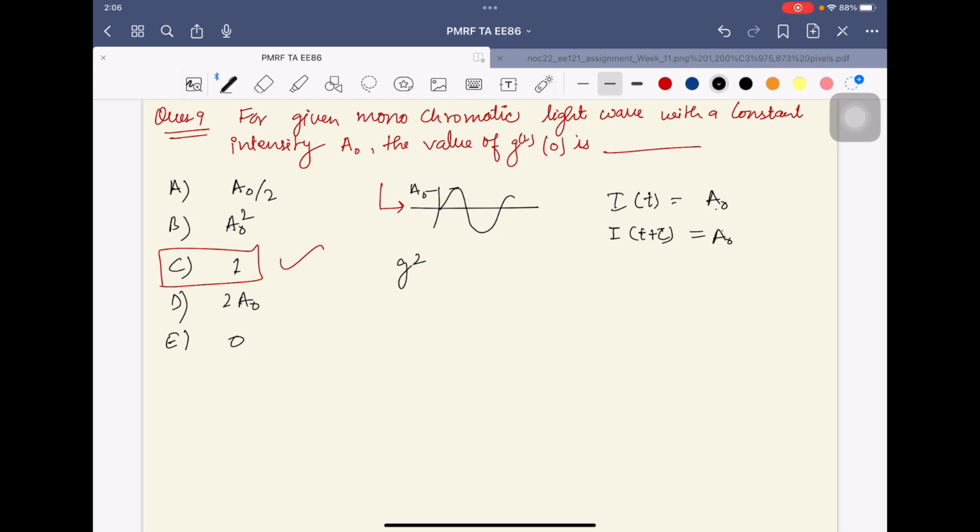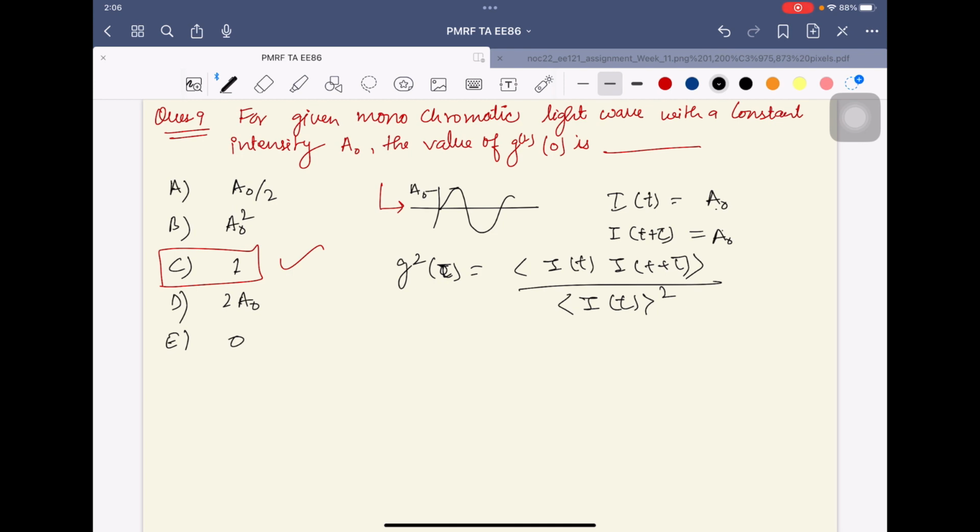So g2 at 0, if we see, I at t plus tau equal to I at time t square.